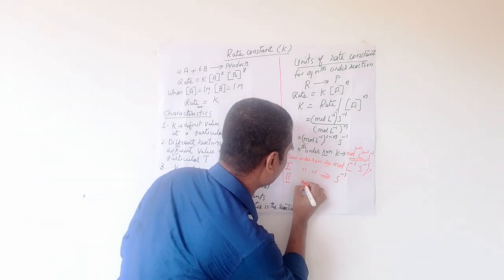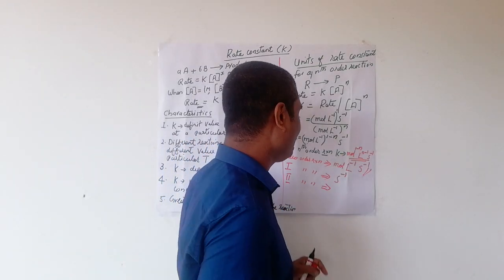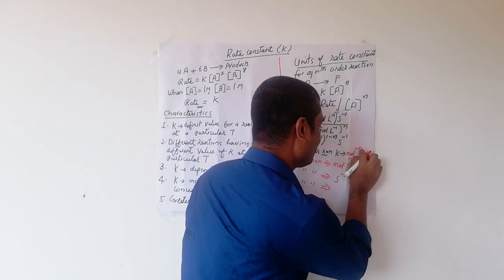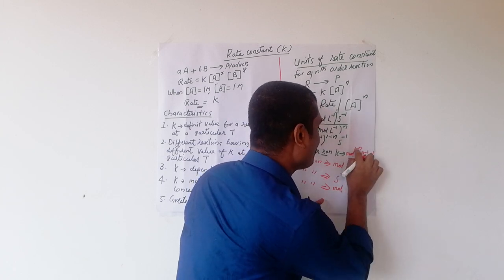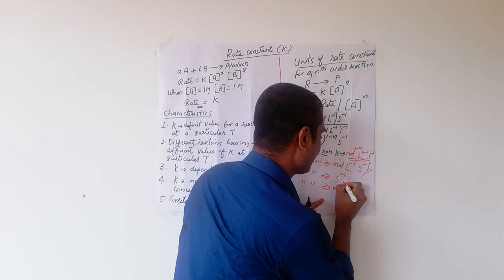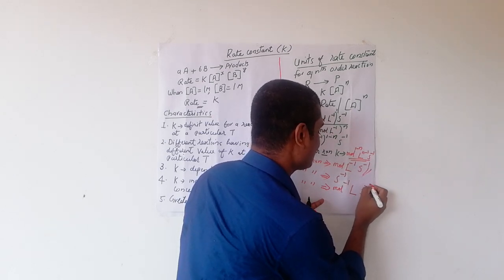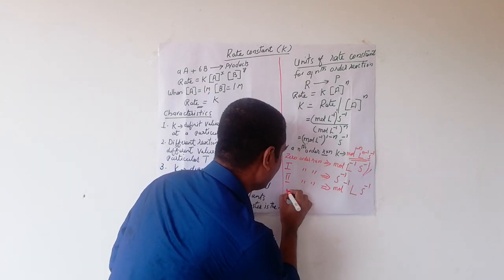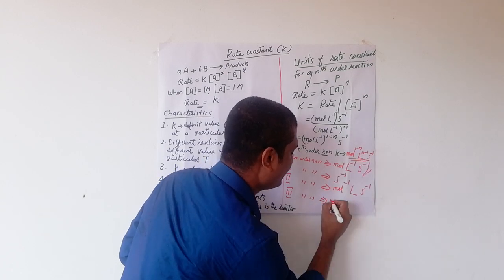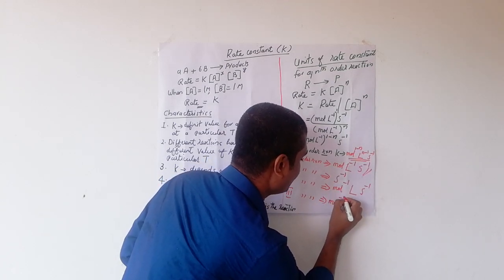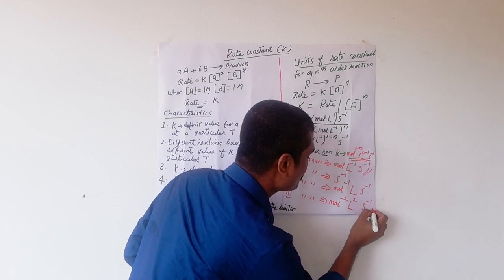Then for a second order reaction, the value of n equals 2, then mol raised to 1 minus 2 means mol raised to minus 1, liter raised to 2 minus 1, liter second inverse. Then for a third order reaction, mol raised to 1 minus 3, mol raised to minus 2, liter raised to 3 minus 1, liter squared second raised to minus 1.